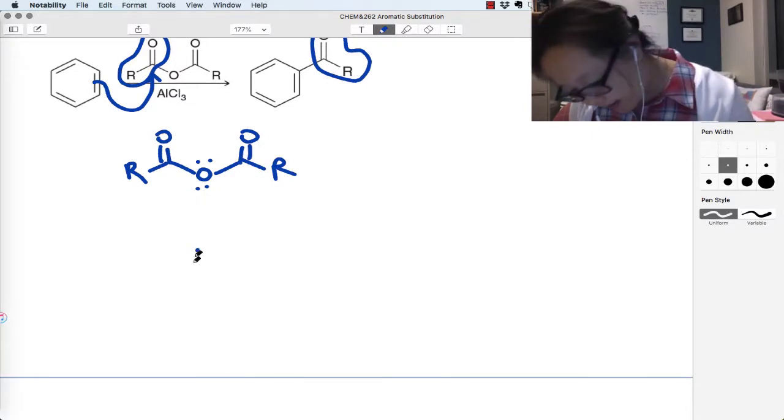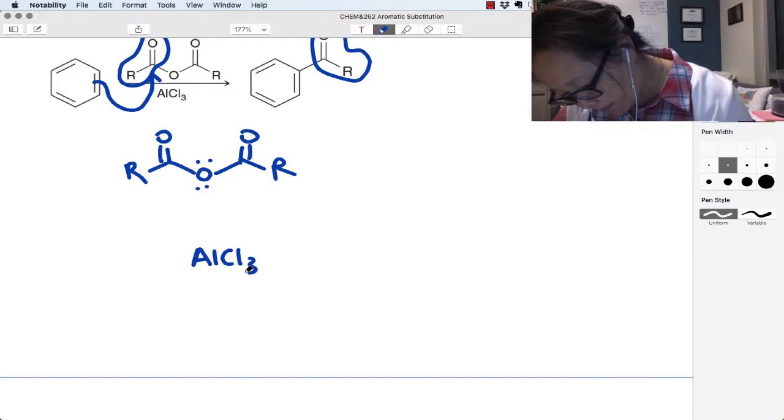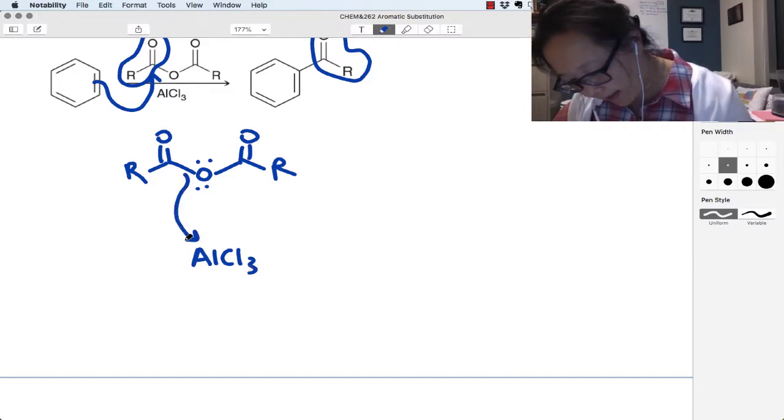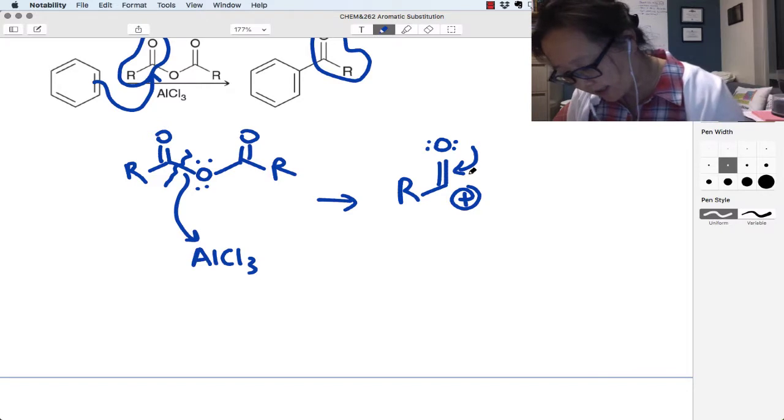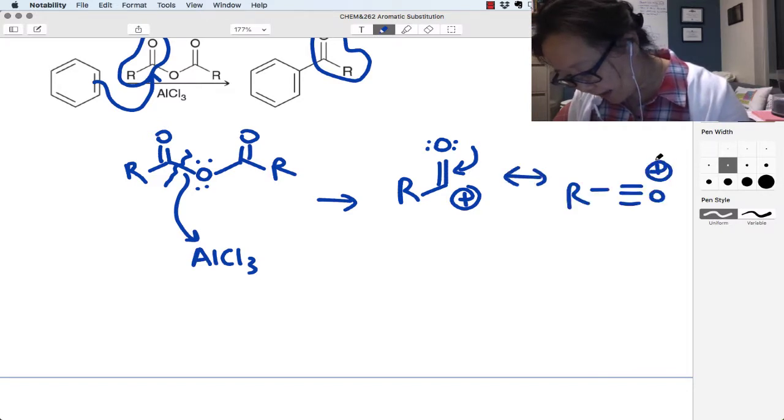Okay, so AlCl3, that's my Lewis acid. This is probably getting pulled away to there. And then that means that this bond's breaking, and so I end up with a positive charge there. So positive charge there, and then I have resonance delocalization, something like that.